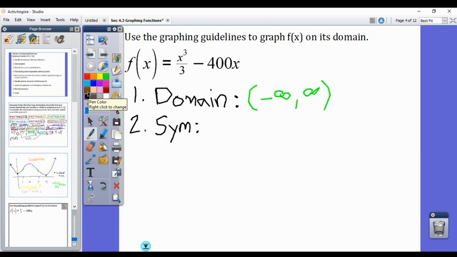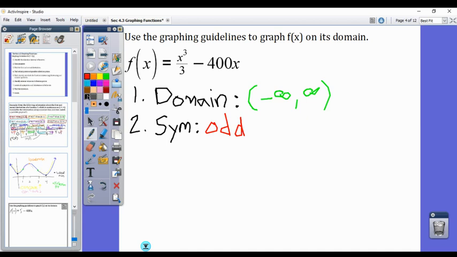If you get the complete opposite of that, it's odd. And if you get something totally wonky, it's neither. But in this case, I'm noticing that my exponents are both odd, so 3 and 1. So this is odd, which means it's going to be symmetric about the origin. So essentially, if I do a 180 with the graph, it'll look exactly the same.